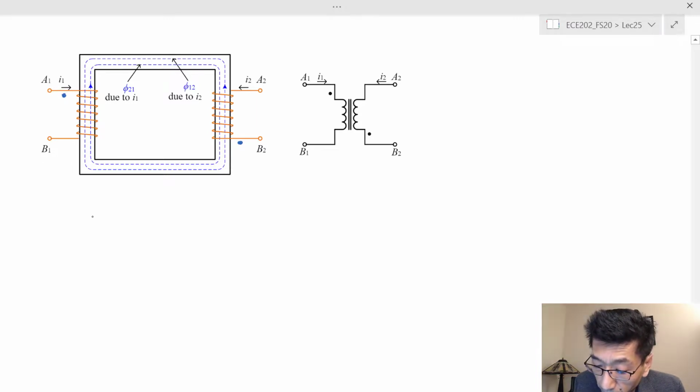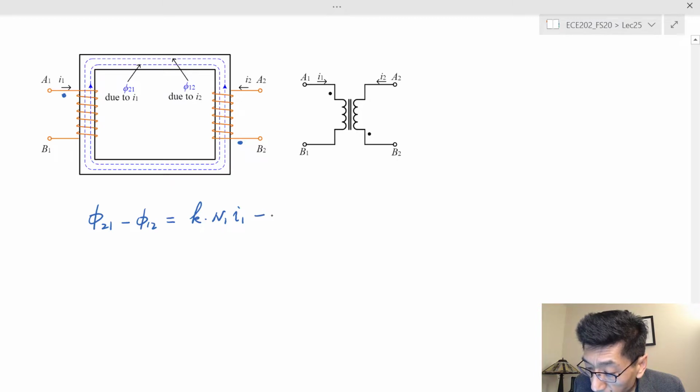So the net flux, phi 2 1 minus phi 1 2, is equal to k times N1 I1, because the phi 2 1 is caused by the first winding, and then minus k times N2 times I2. Let me write this.